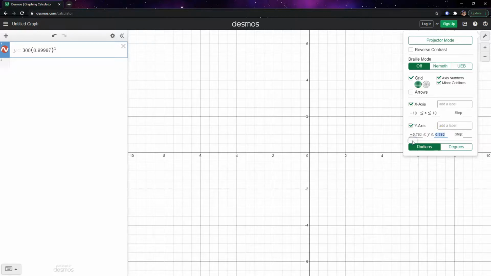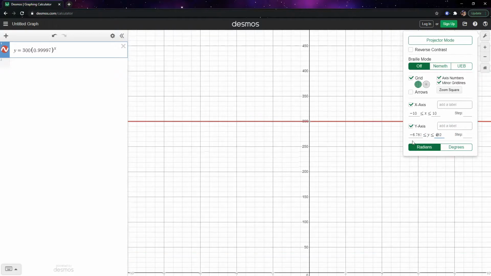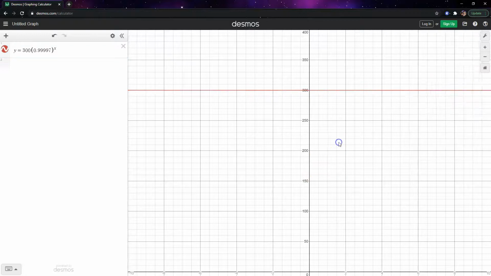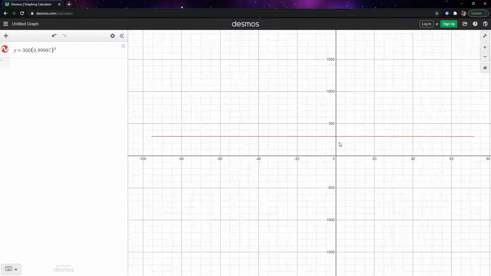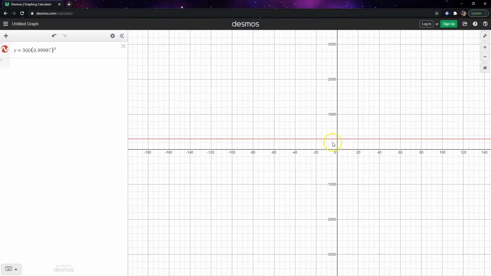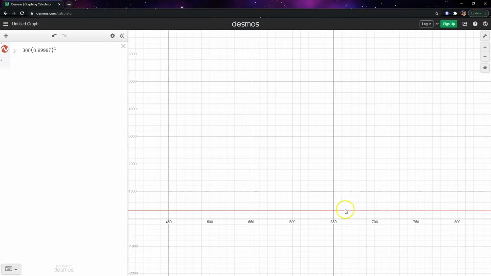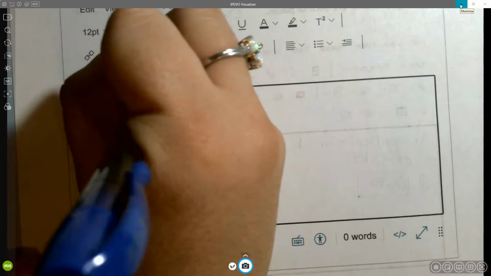So this one, if I look at it, it looks like it's a flat line, but it's actually going up the more I go to the right. Just kidding, it's going down because this is less than 1. So my domain, I can plug in any x value I want. Domain is all real numbers.